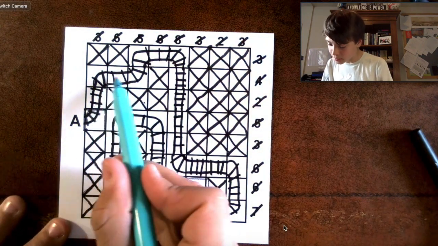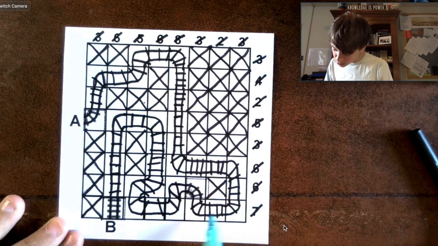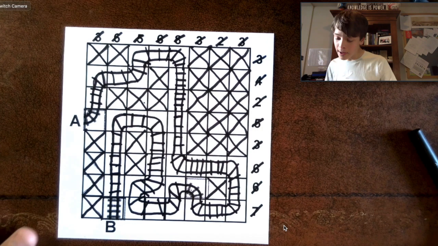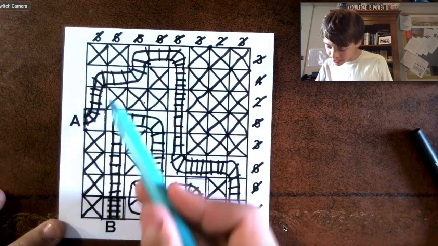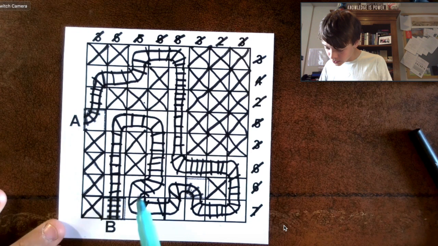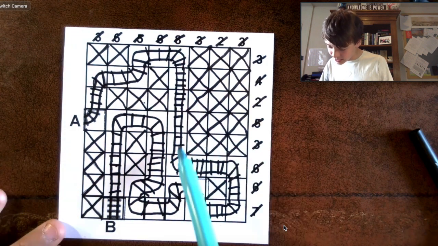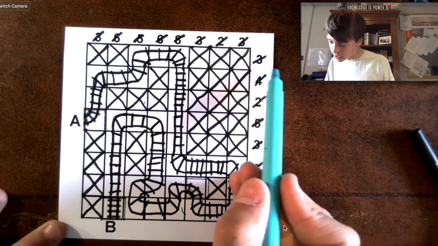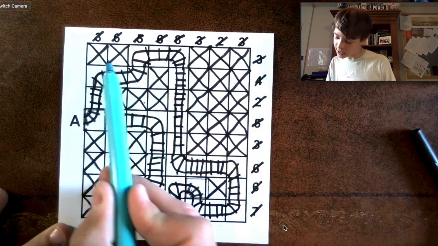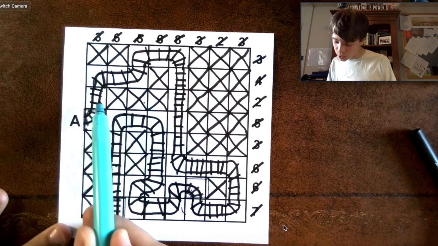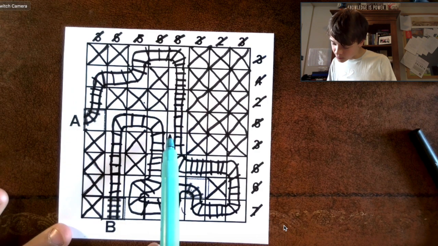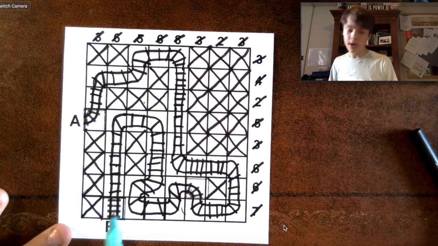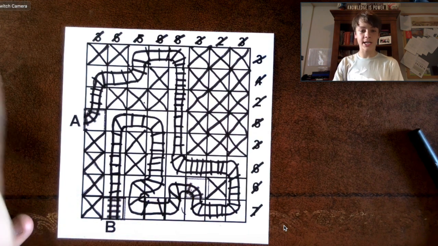So it comes up and all the way around and down, and we got from A to B. There are 3 here, 6 here, 5, 6, 8, 3, 2, 3, and then for the rows 3, 4, 2, 5, 3, 6, 6, and 7. That is how you do a train tracks.